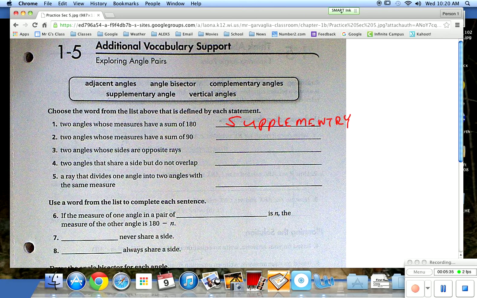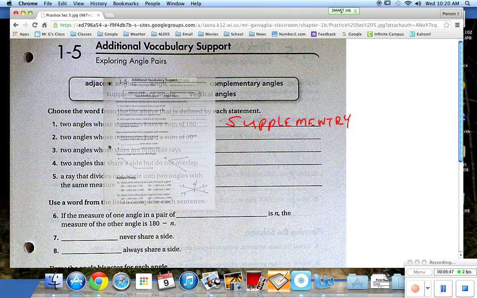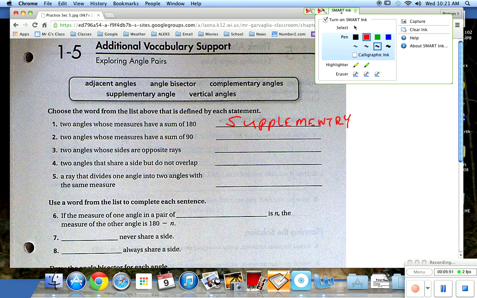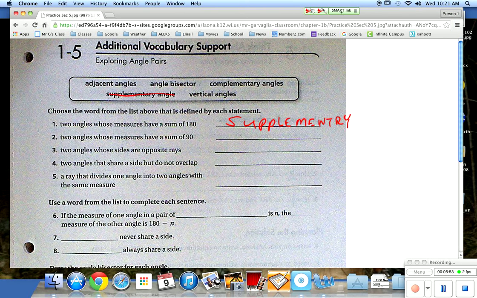Two angles whose measures add up to 90 degrees. What would that term be? We already got supplementary. Are they angle bisectors, adjacent angles, complementary angles, or vertical angles?